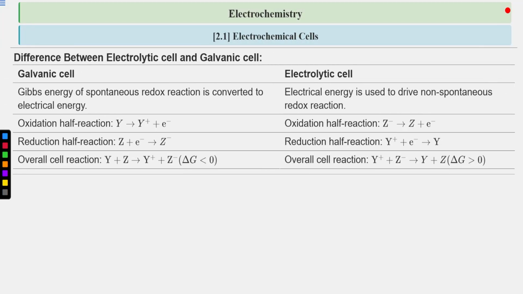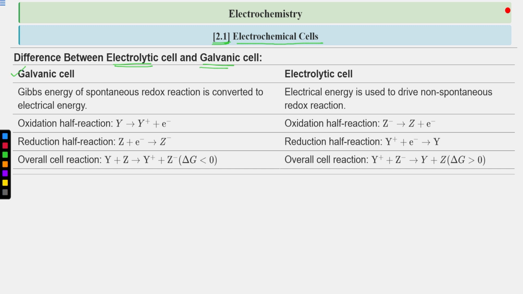Okay, so under the topic electrochemical cell, which is our topic number 2.1 as per the NCERT textbook, let's see the difference between the electrolytic and galvanic cell, which are the two types of electrochemical cell. So what are the differences between these two kinds of cells?